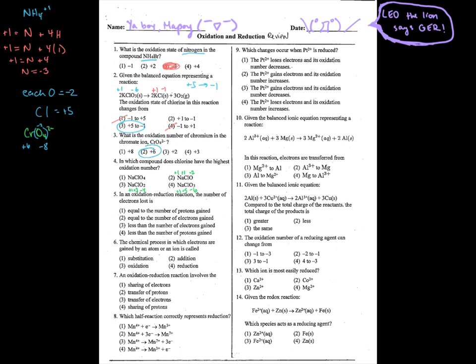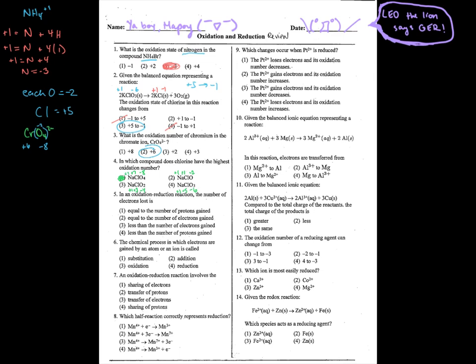And in this one, we have a -8, +1 to balance it out has to be +7, so it's going to be choice 1. Look how we need to balance things out to 0. Each oxygen is a -2, so make sure you multiply accordingly, and Na is always +1.